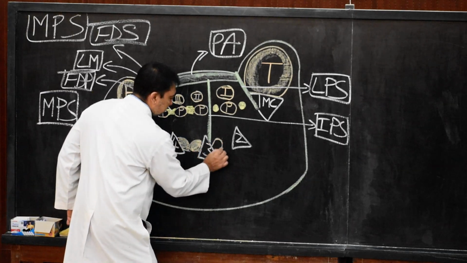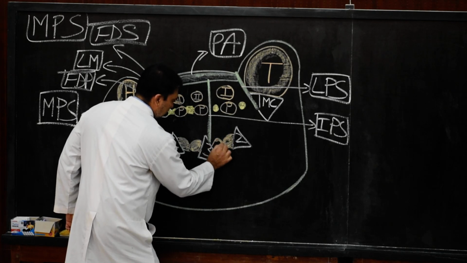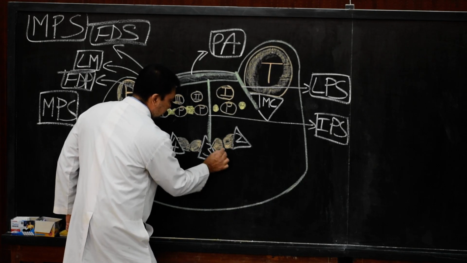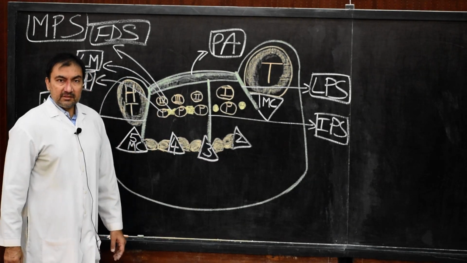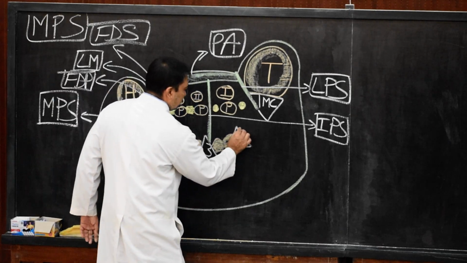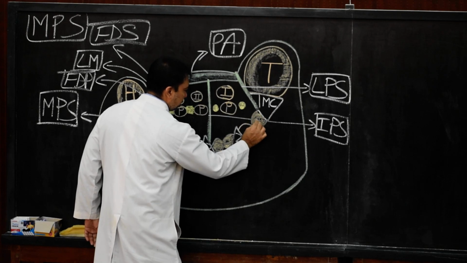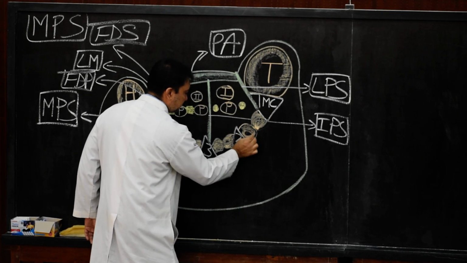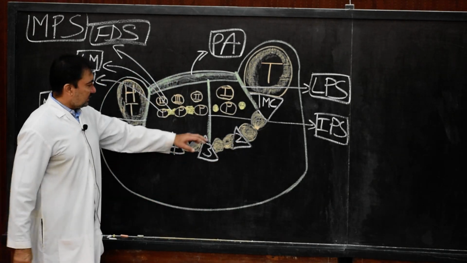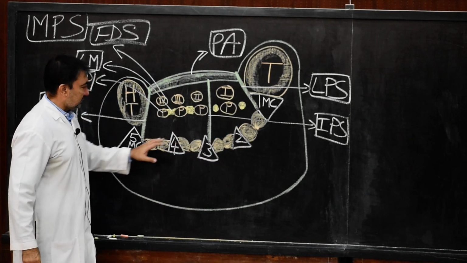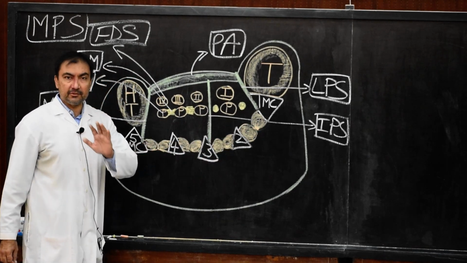Similarly, over here, this is the second intermetacarpal space, which will contain the second dorsal interosseous muscle, and here it will contain the first dorsal interosseous muscle. Remember, all the dorsal interossei are bipinnate. So here, these are the metacarpal spaces, first, second, third, fourth. All of them are containing 1, 2, 3 and 4 dorsal interossei which are bipinnate.